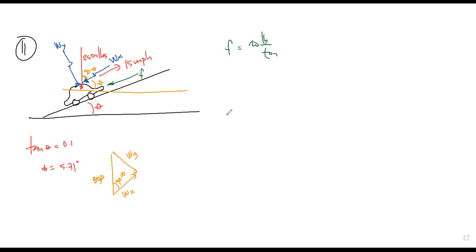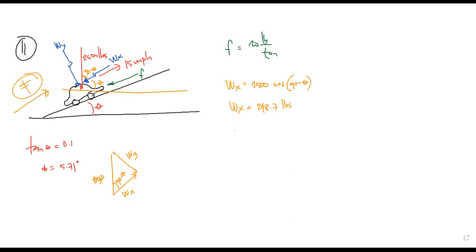Okay, so we could say that WX, that is 2,500 times cosine of 90 minus theta, which is 5.71. So this would be 248.7 pounds.